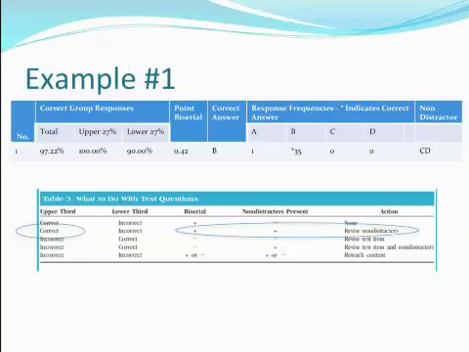So let's go ahead and use what we've learned to work through test questions from our McCahey and Ball article that we had to read. If we look at this, we see that if the upper third got it mostly correct, we're good to go. We have a positive point biserial. We have non-distractors. And then when you look at the second column, the lower third got it incorrect.